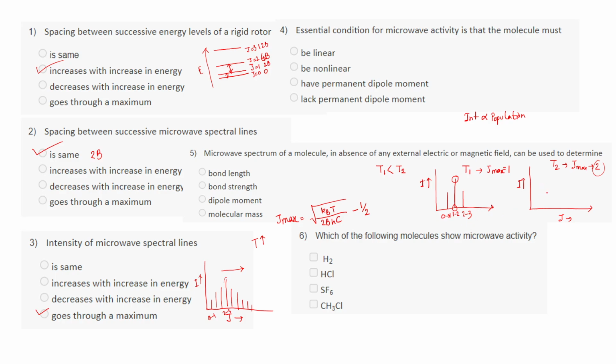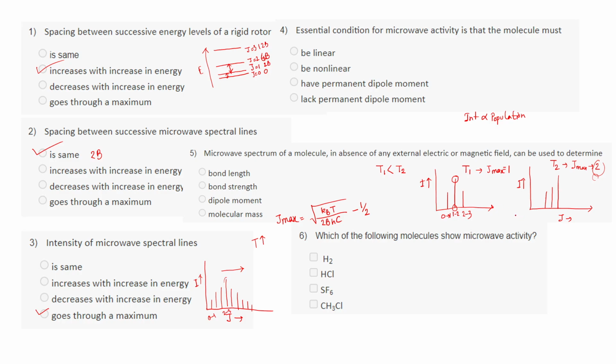So we can expect that 0 to 1 will be something like that, 1 to 2 will decrease, but now your 2 to 3 will increase, because your level 2 has more population. Did you get this point, what I am trying to say?